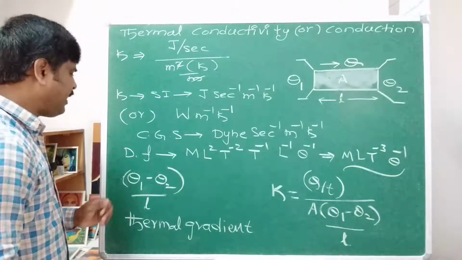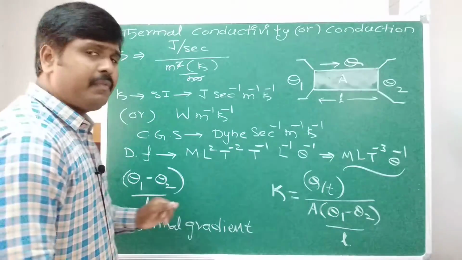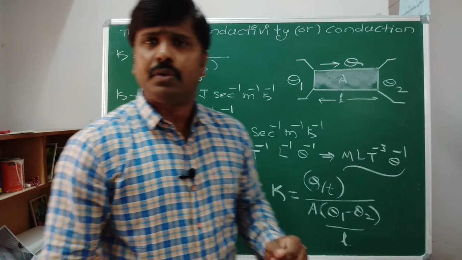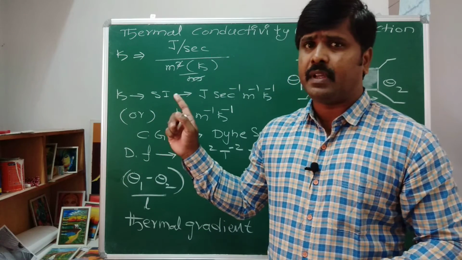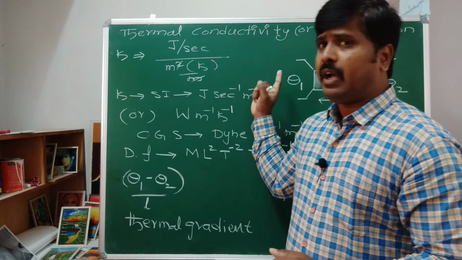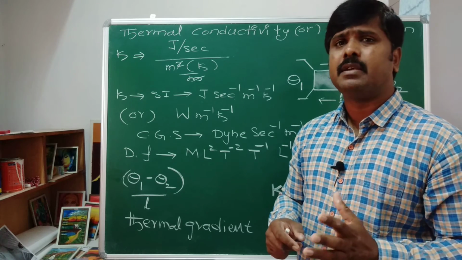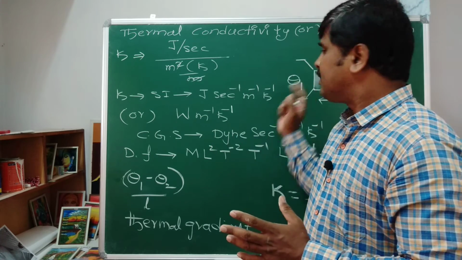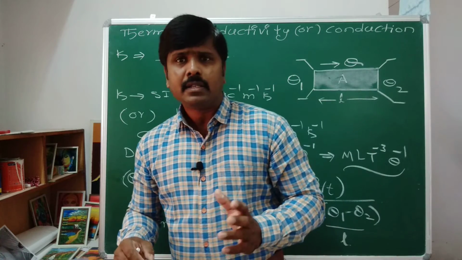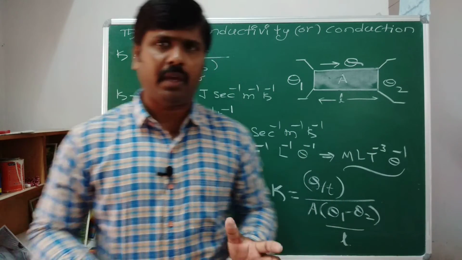It is defined as the ratio of temperature difference to the distance between the high temperature area and the lower temperature area, simply the length of the conducting substance. Okay, thank you.